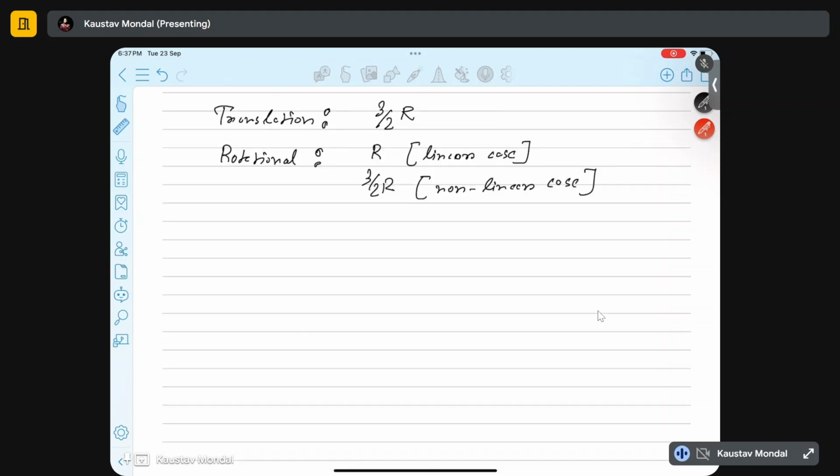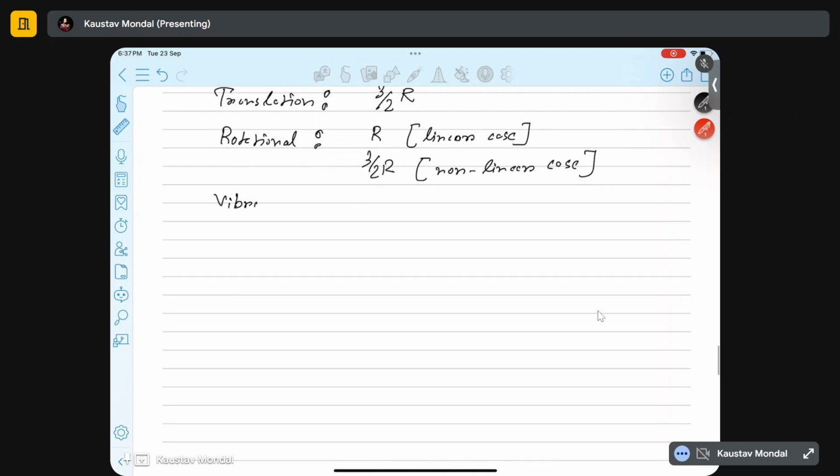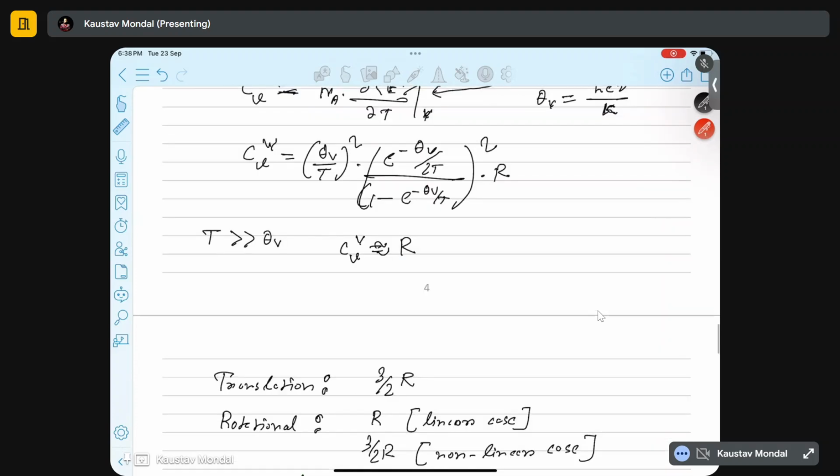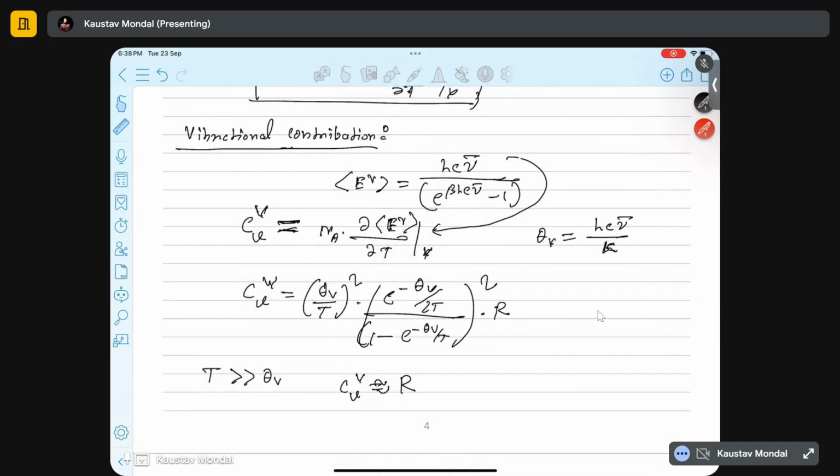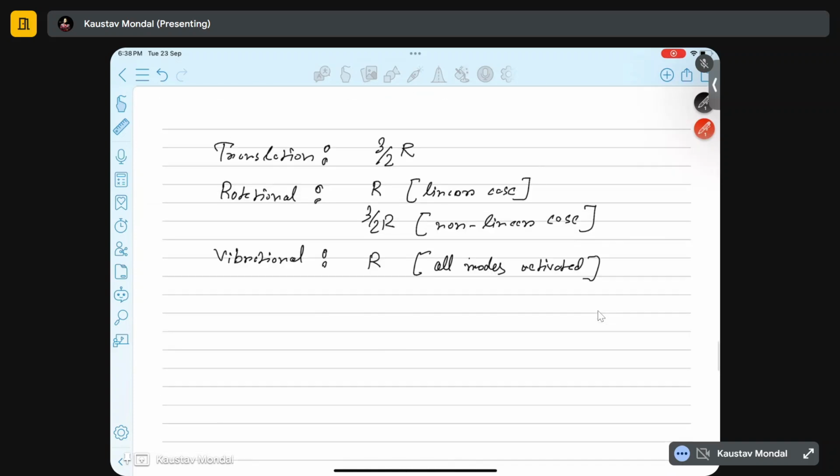And for vibrational, it would be just R, and that is only when all modes are activated. So those are the different contributions.